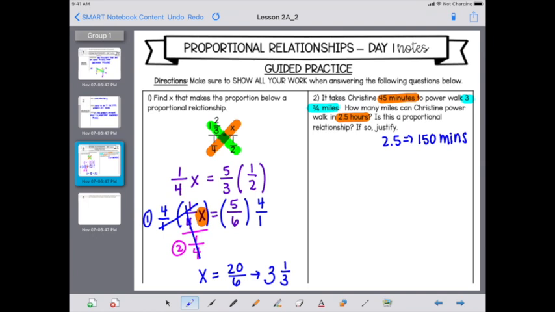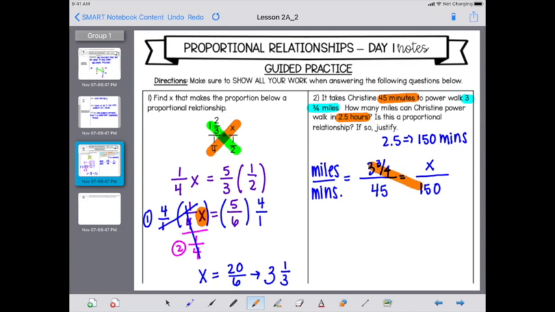So the first thing I want to do is label my numerator and denominator, my top and my bottom. So I'm going to say miles over minutes. And then I'm just going to set up my two fractions. So I have 3 3/4 miles in 45 minutes. And we want to figure out in 150 minutes, how far can she power walk?